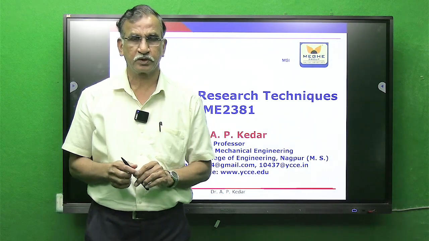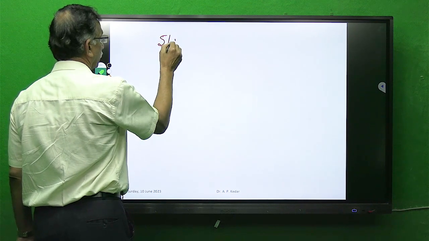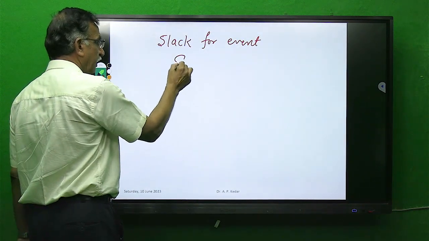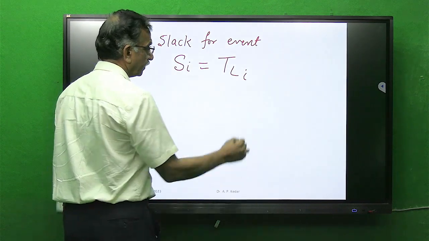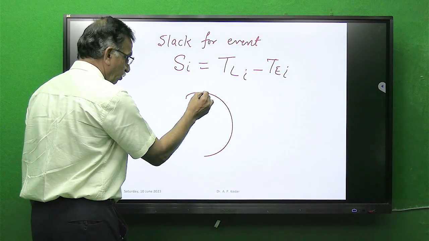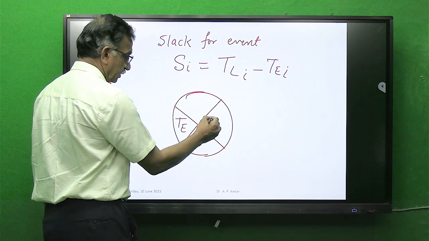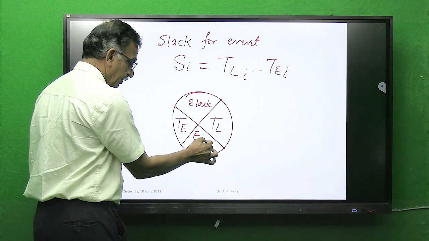Now, slack in simple term, slack for any event is, let me explain here, slack for event is, how I can write, SI is equal to difference of TL of I minus TE of I. If you recall again that our notation of event, here it was TE we have written, in this corner we have written TL, here we have written slack, and here we have written event number.